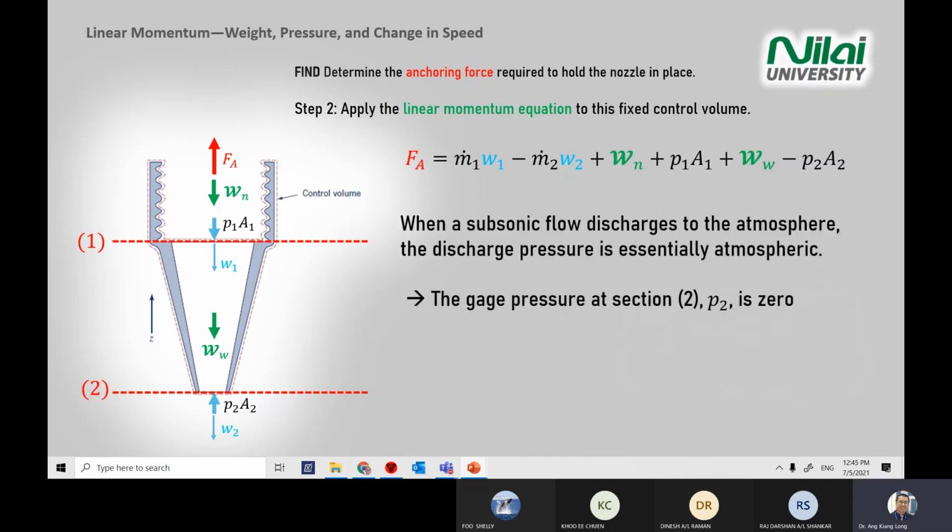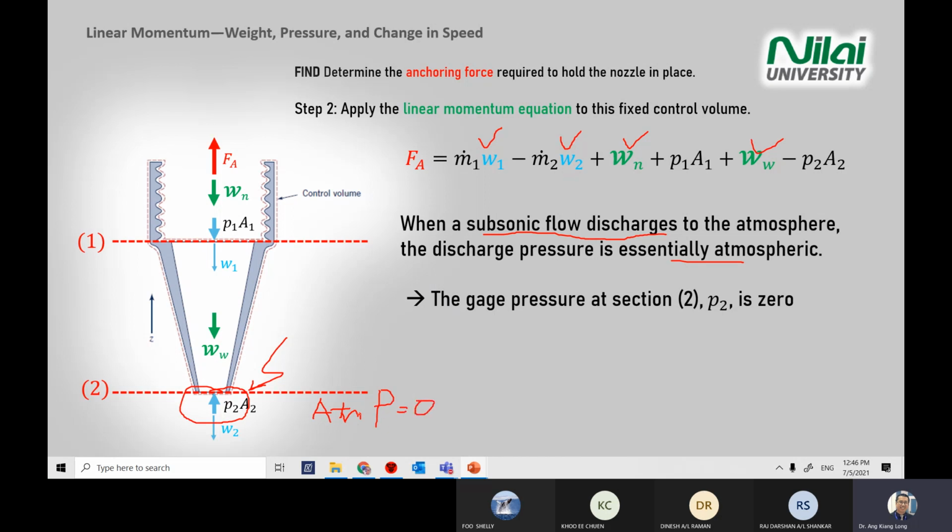Then the rest at the end. Okay, we have done for this one. So we have a subsonic flow discharging to the atmosphere. Discharge pressure will be atmospheric. So if we are using gauge pressure, then for any surface exposed to atmospheric pressure, the pressure in your equation will cancel out.